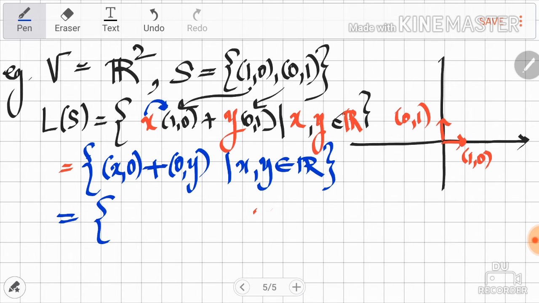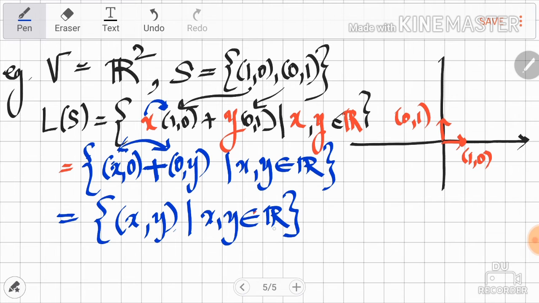If you combine these two vectors with the vector addition, you will get x plus 0, which is x, and 0 plus y, which is y. So you get the set of all x, y where x and y belong to R. But what is this set? This is simply R2. So L of S is giving you the entire space R2.